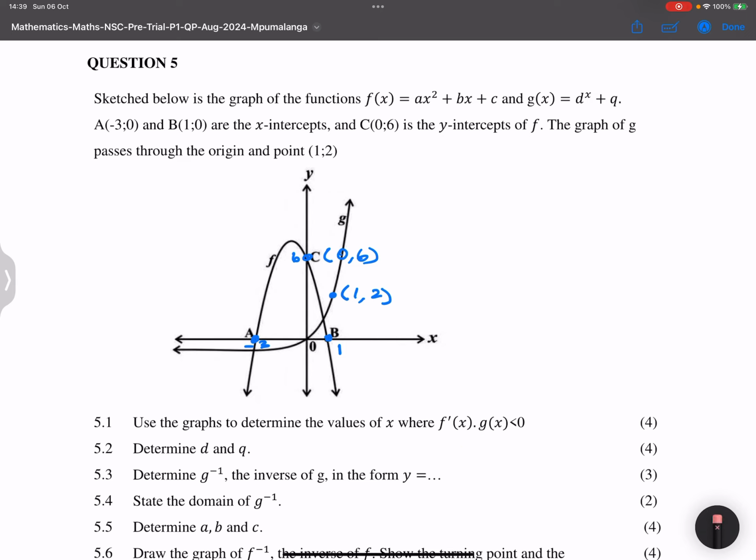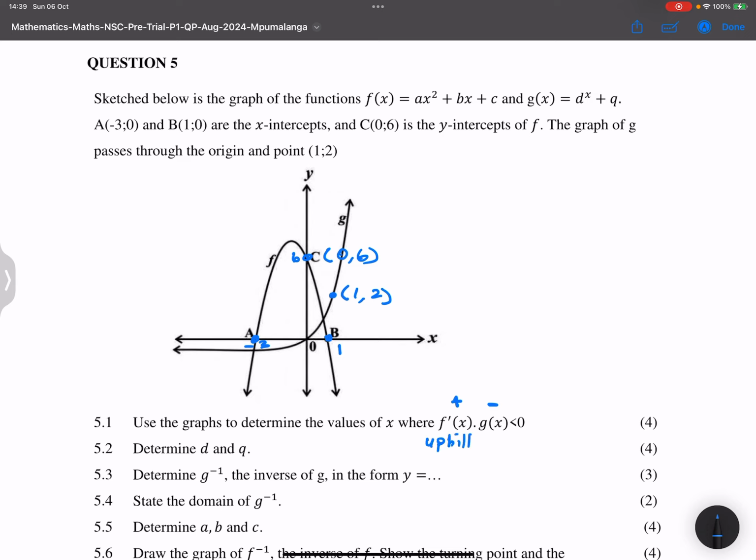Now, they say f prime x times g of x less than 0. Now, when do we have something that is less than 0? That is negative, right? So either when we've got f prime x positive and g of x negative. Now let's look for that solution. F prime x being positive means I am going uphill, right?